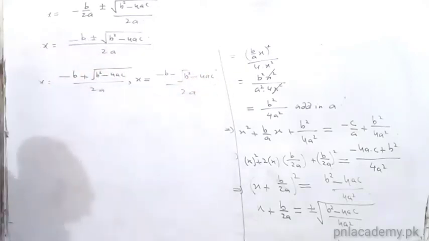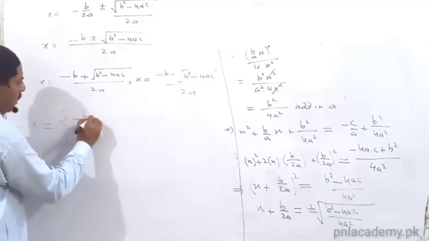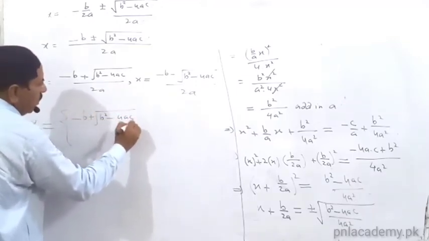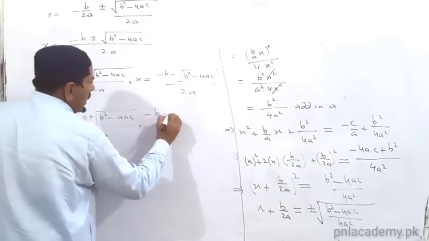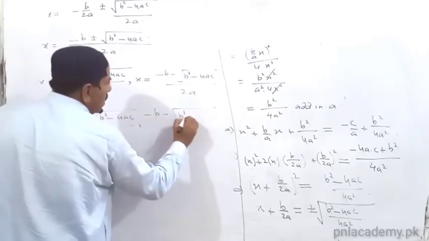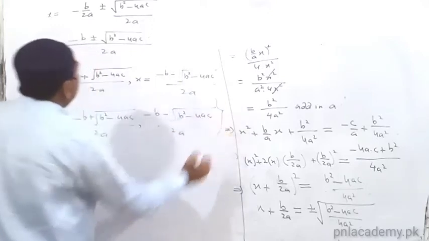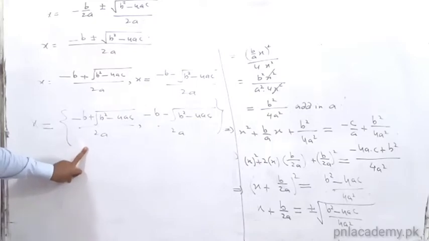So therefore, there are two roots with respect to the quadratic equation, which are known as the quadratic formula related to the quadratic equation ax square plus bx plus c is equal to 0.